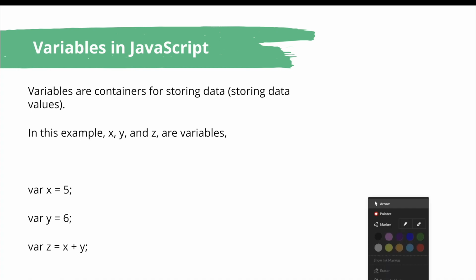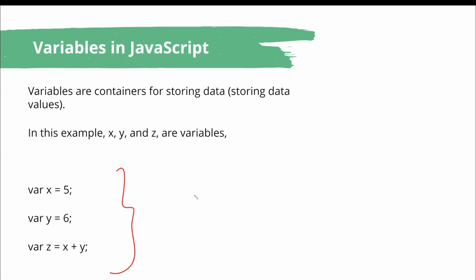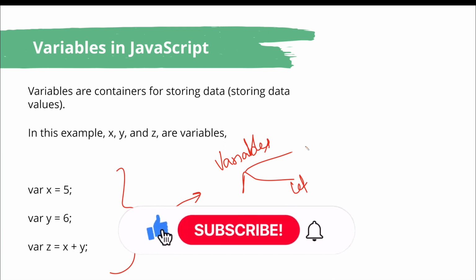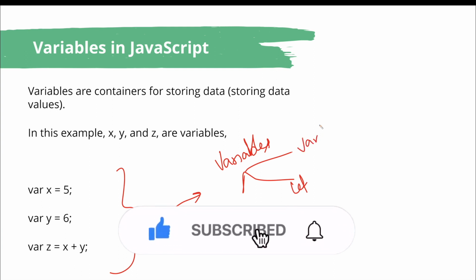So this is all about variables, and later in this series we will be discussing how many types of variables we can write in JavaScript. Basically, in JavaScript we have three types: const, let, and var. We are going to discuss these types in the next video.